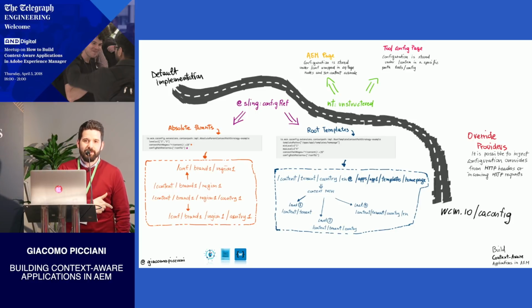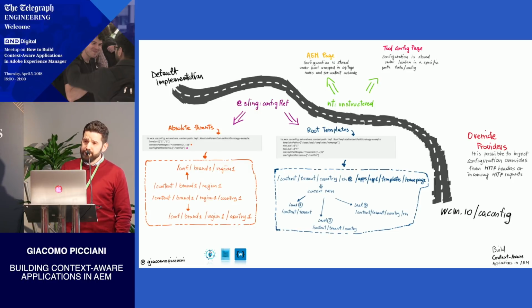So what this module provides is a way to define a regex to say this path has this kind of configuration. So this is the first option, absolute parent. But you can also define configuration by template. So you can say all the pages that have this template use this configuration in this path. That is also very useful when you have 1,000 pages.